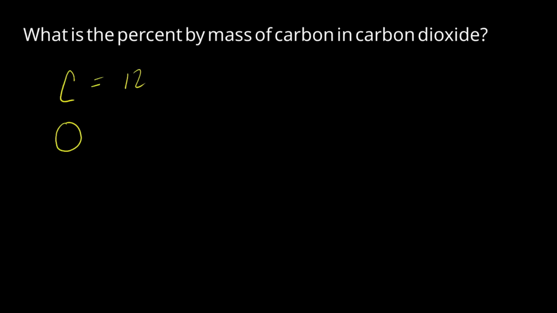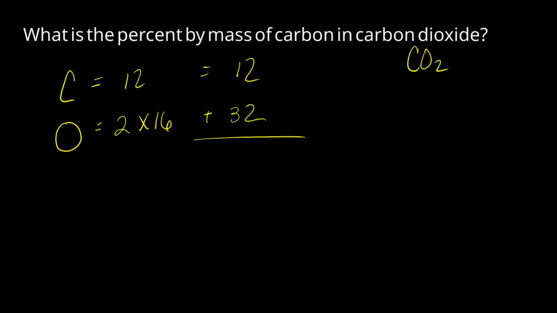For the oxygen, that's going to be 2 times 16, because remember CO2 is carbon dioxide. So I have 12. I'm going to add 32 to this. That gives me a total mass of 44 grams per mole.